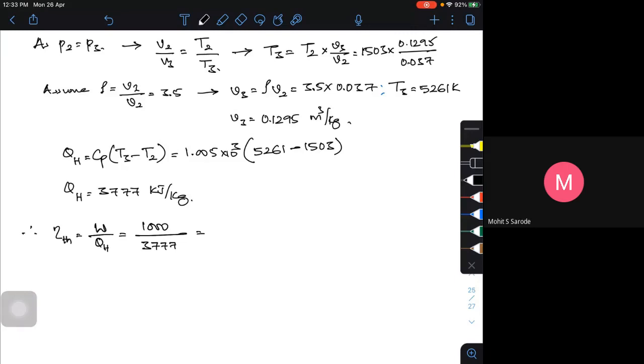So I'll be getting around 26.47%. 26.47% is the thermal efficiency. This is the first formula.